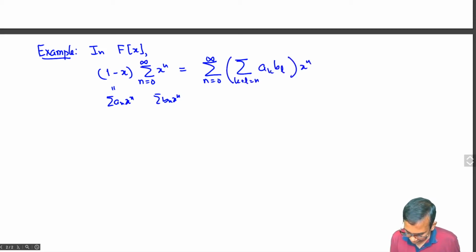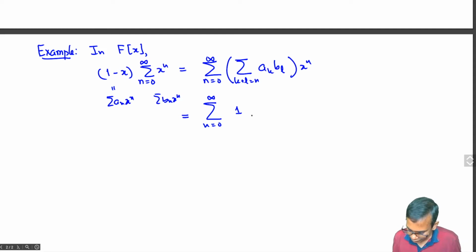Now a0 is plus 1, the b's are all 1, so those don't matter, and a1 is minus 1.